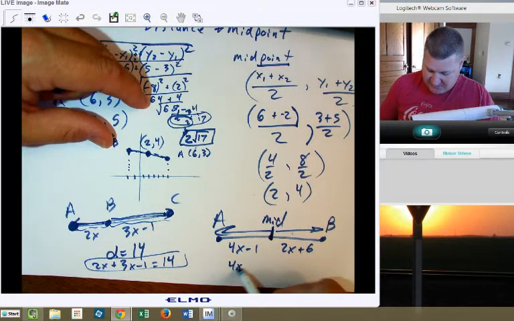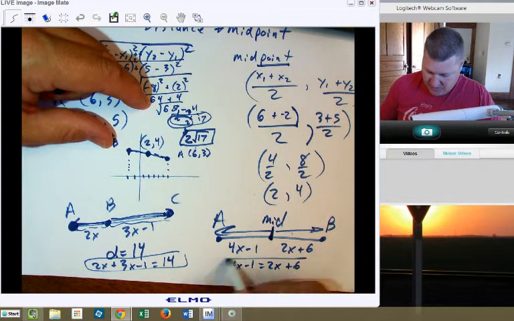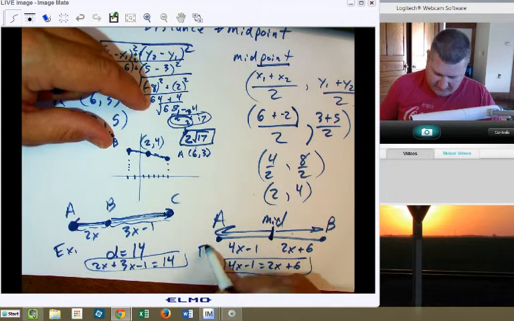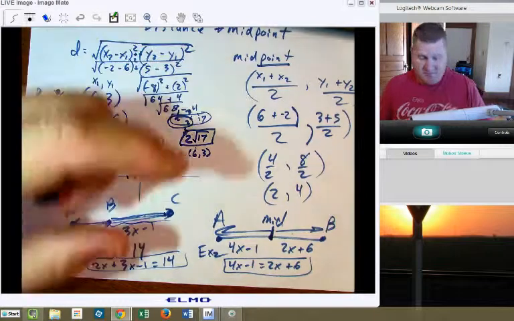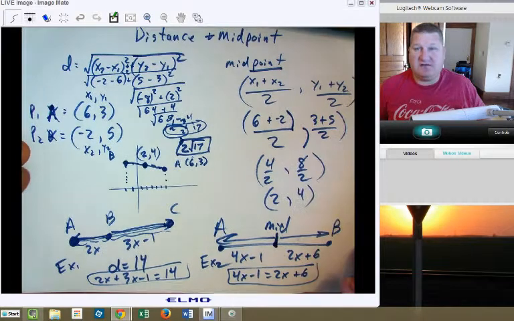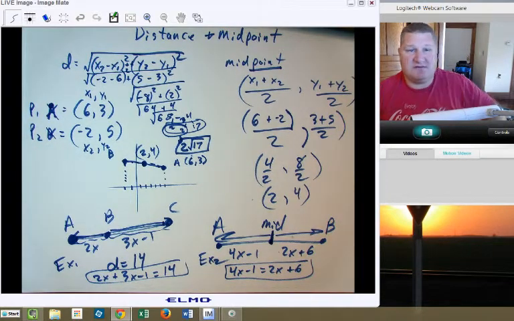And so we can set them equal to one another. And again, it becomes a basic algebra problem to solve. So that's example 1. This is example 2. That's going to be important for you as you finish up. All right. So take a look at those. Distance, midpoint, a little bit of algebra, a little bit of geometry.